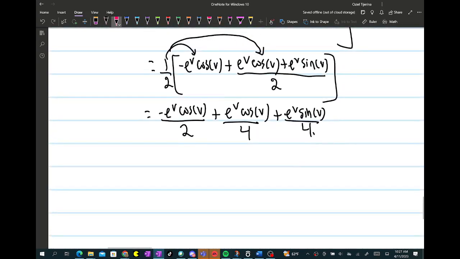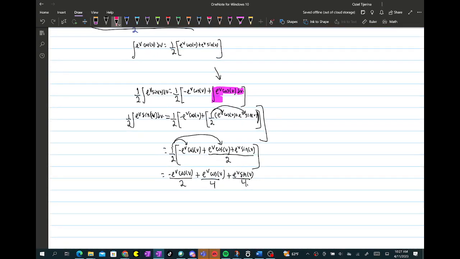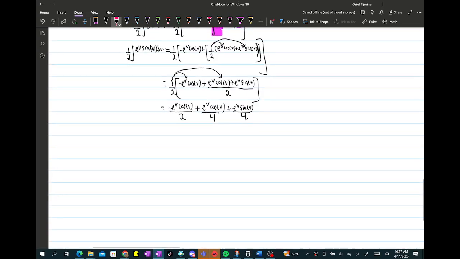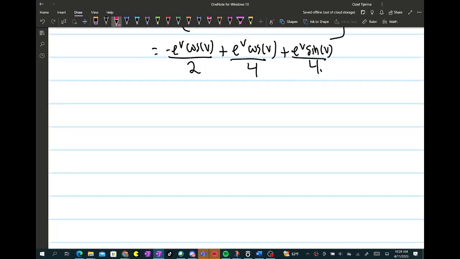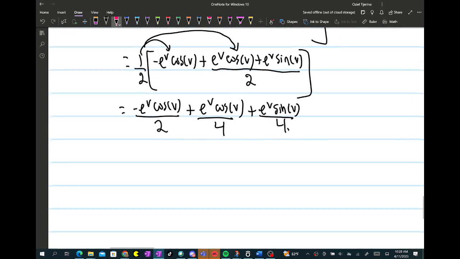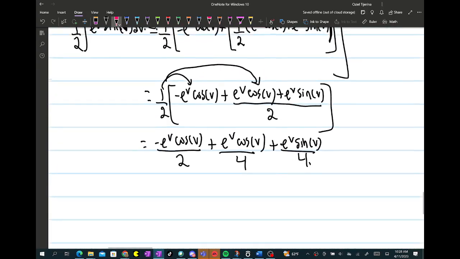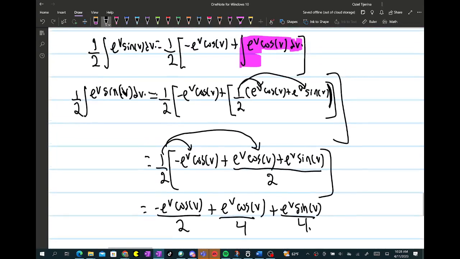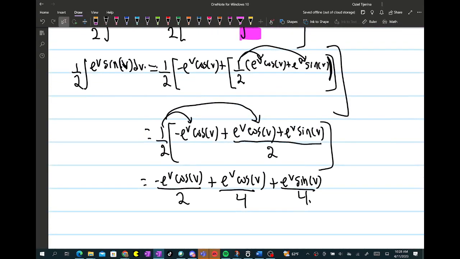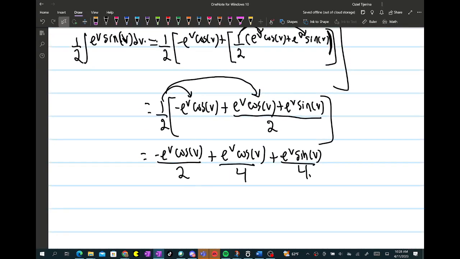Notice that these two things I can actually distribute them. Let's see, hold on guys. Actually, what I'm going to do is take out the 1/2, or the common denominator if I can.